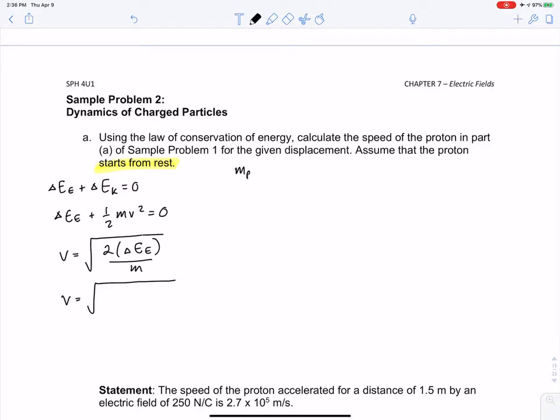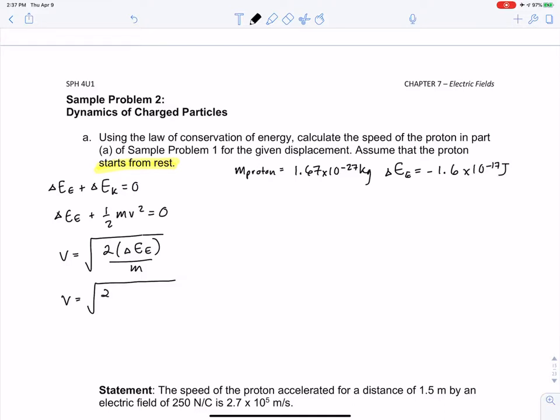We know the mass of the proton is 1.67 times 10 to the power of negative 27 kilograms. And from up above, in sample problem 1, part A, when we're looking at the proton, we determined that the change in gravitational potential energy was 1.6 times 10 to the power of negative 17 joules.